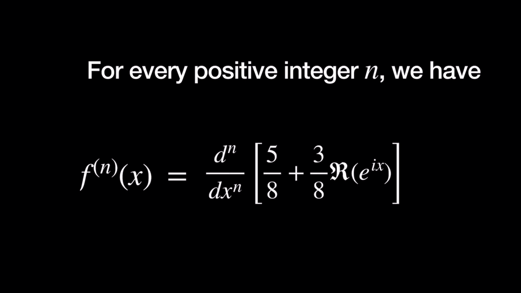So we want to compute the nth derivative of f at x. Notice that 5 over 8 is a constant and n is positive, so the nth derivative of 5 over 8 is going to be 0. And the nth derivative of e to the ix, well, it's going to be i to the n times e to the ix.